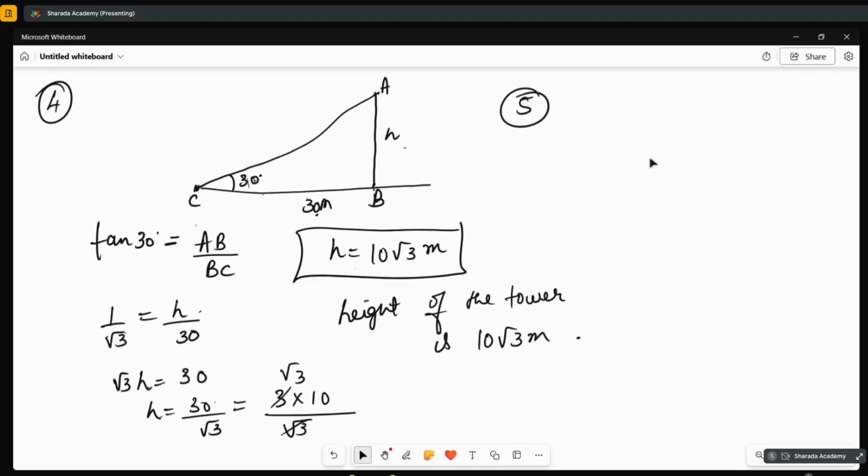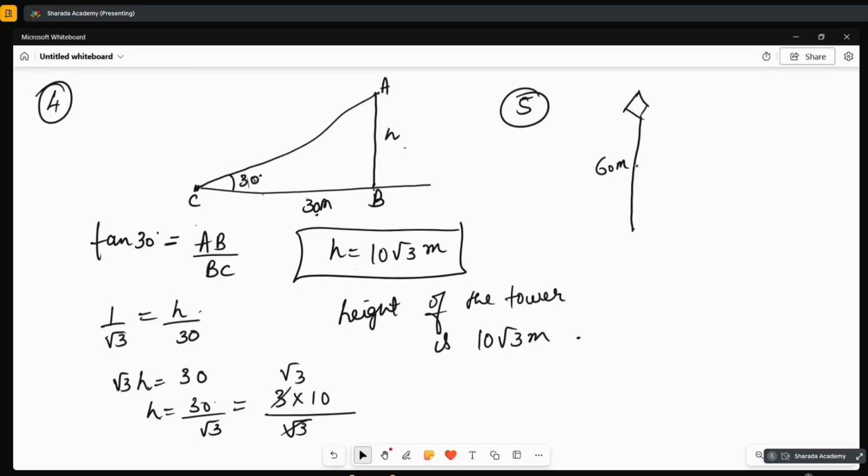Listen here, fifth one. A kite is flying at a height of 60 meters above the ground. So the kite is 60 meters above the ground. The string attached to the kite is temporarily tied to a point on the ground.